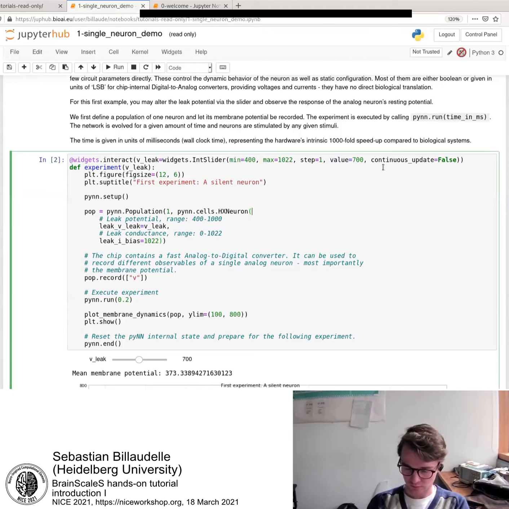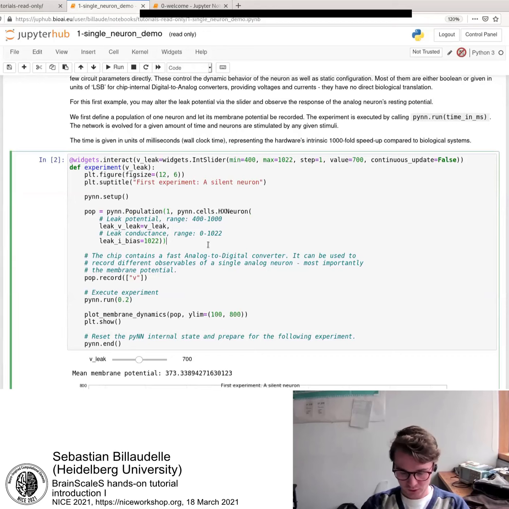Each neuron can be controlled individually. That includes 24 analog parameters, for example, leak voltages, the leak potential, or bias currents to tune your neuron to behave with certain time constants and so on. And then also a lot of digital control parameters that define the behavior of the neuron in a bit coarser way.